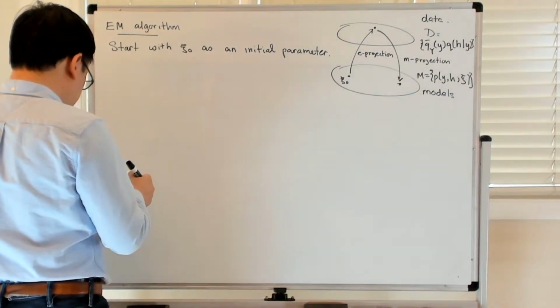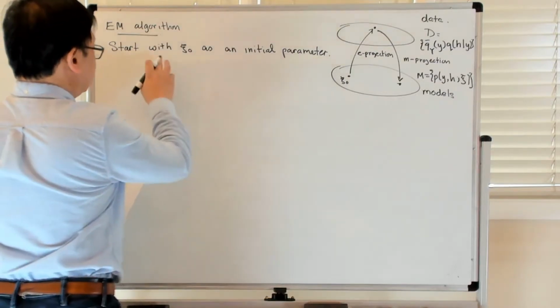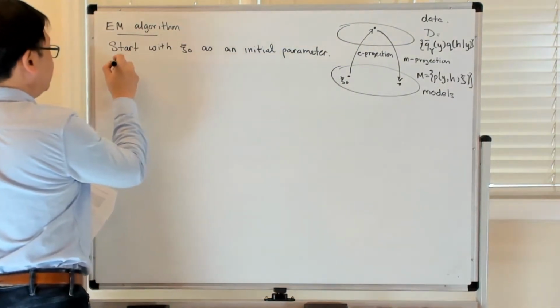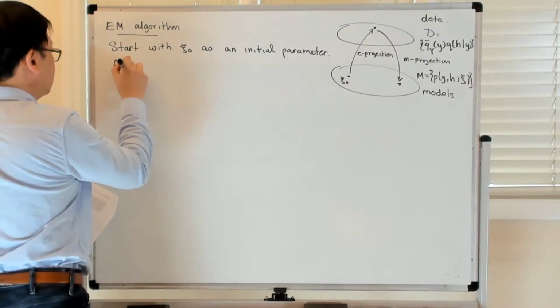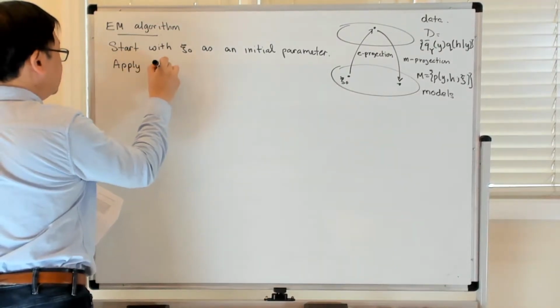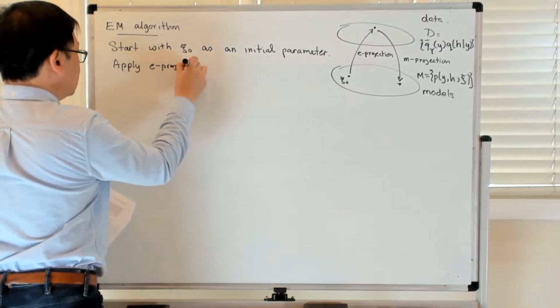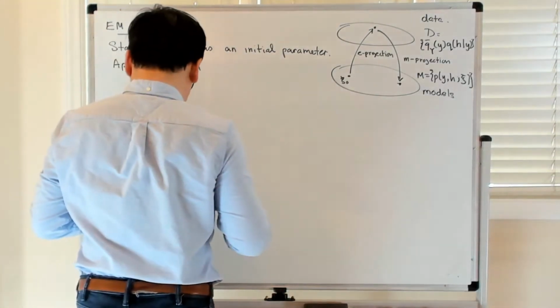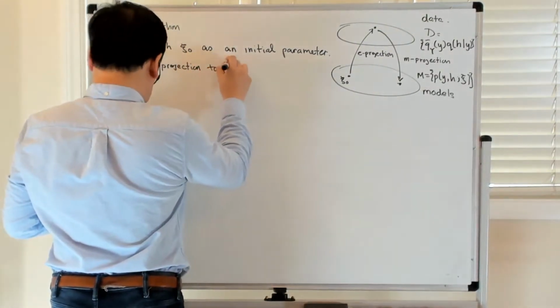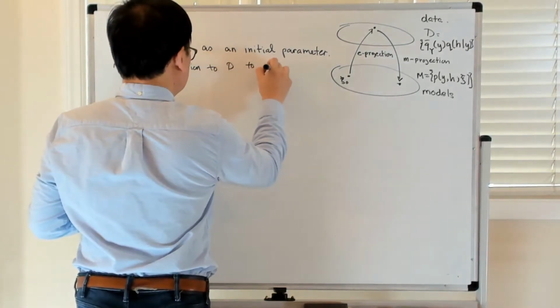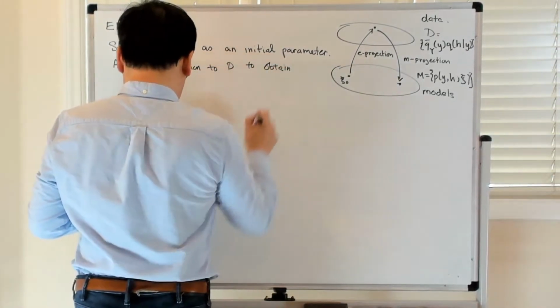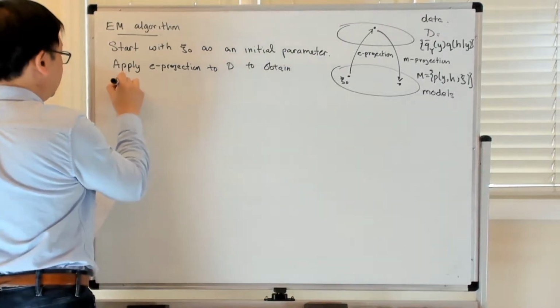All right. So you start with this as an initial parameter, and we apply E projection to D to obtain the conditional probability.